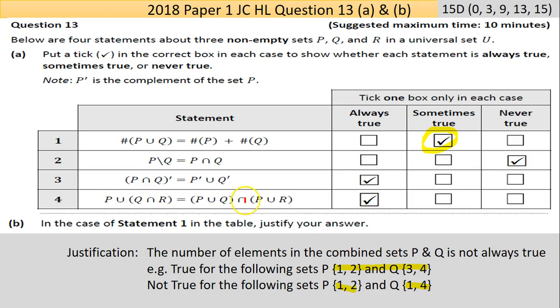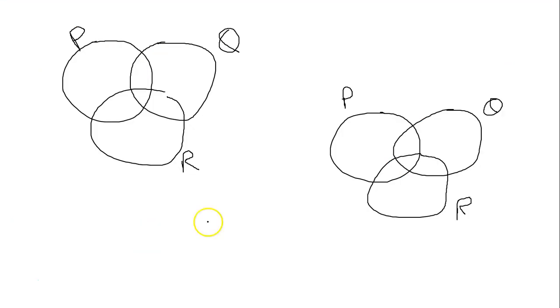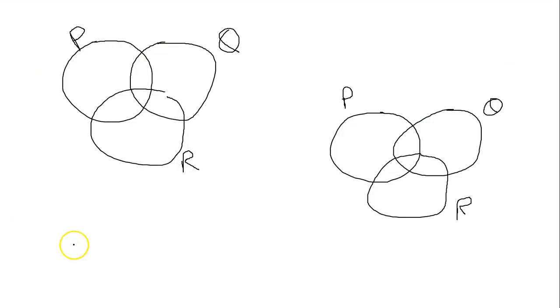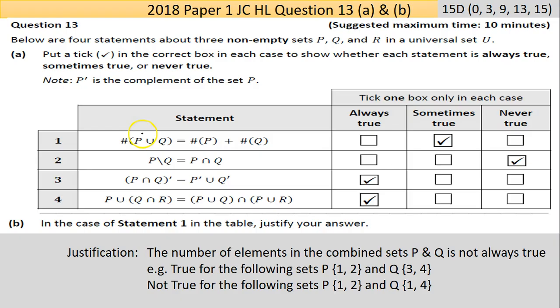Now the last one here is 3 sets. Just for the last little bit here, I'm going to use these 2 sets here. So the fourth statement is saying, now we do inside brackets first, so Q intersection R. That would be Q intersection R is this bit here, joined with P. So P union that section.